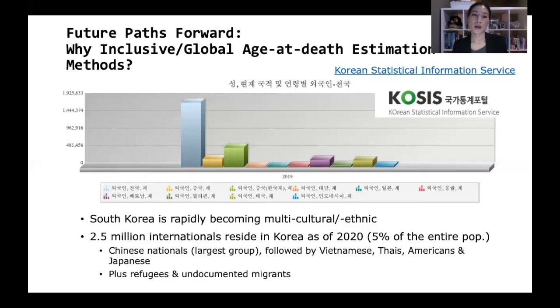Given this trend, we are expecting to see a growing number of forensic cases involving these various communities and ethnic groups. That's why I'm trying to place much emphasis on developing inclusive methods that speak to the global standards of forensic science.